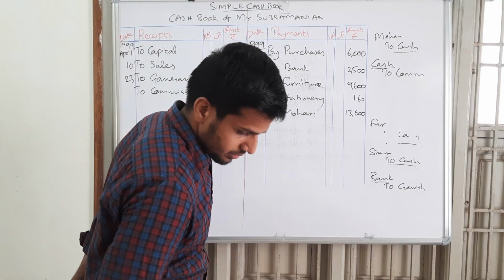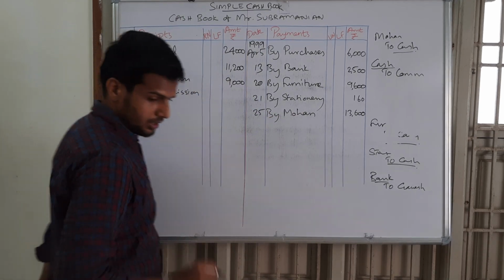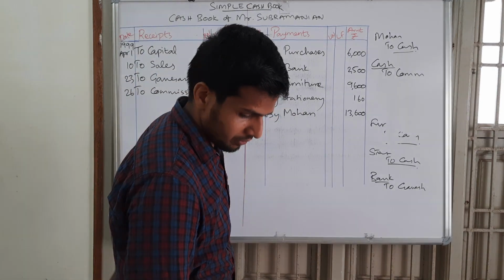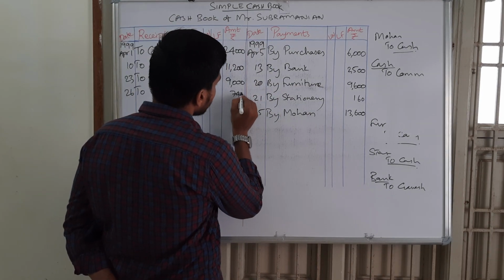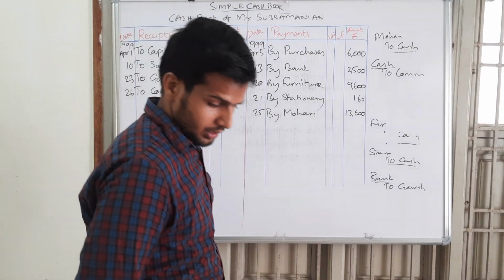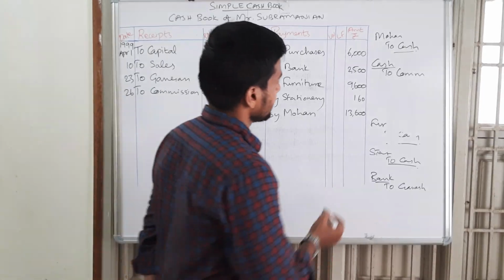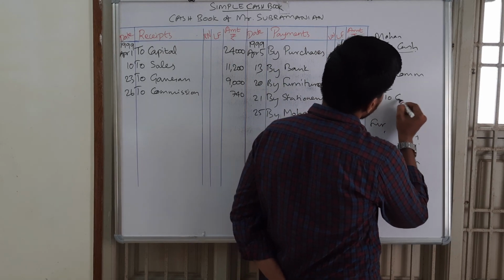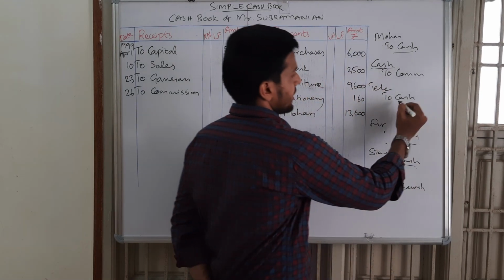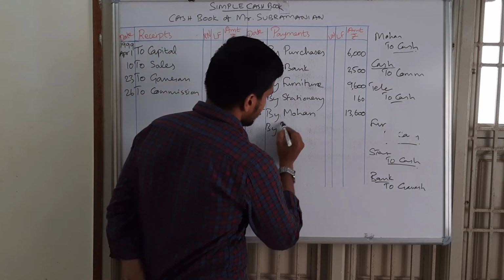What is the date of the transaction? 26, and the amount is 740. And the next thing is paid telephone charges. Telephone charges account to cash. Cash got credited, so it must be written on the payment side by telephone.